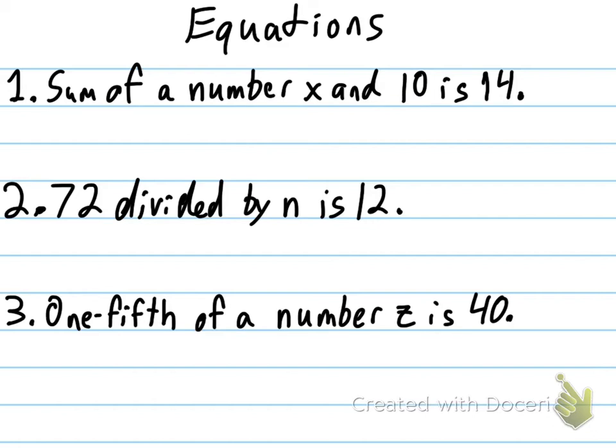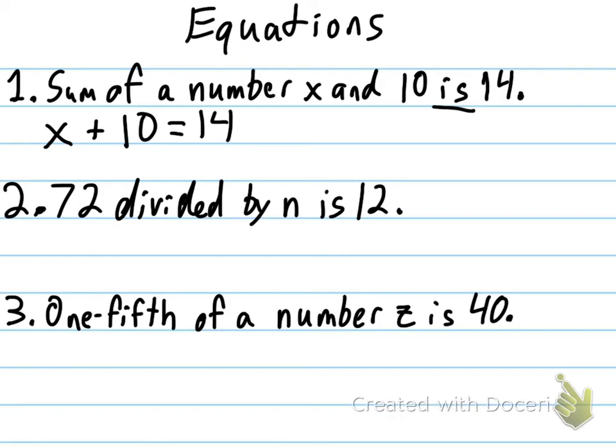So it's x and 10. And the operation going on is sum, so it's plus. We know is means equal, and 14. So x plus 10 equals 14 is what that phrase meant.